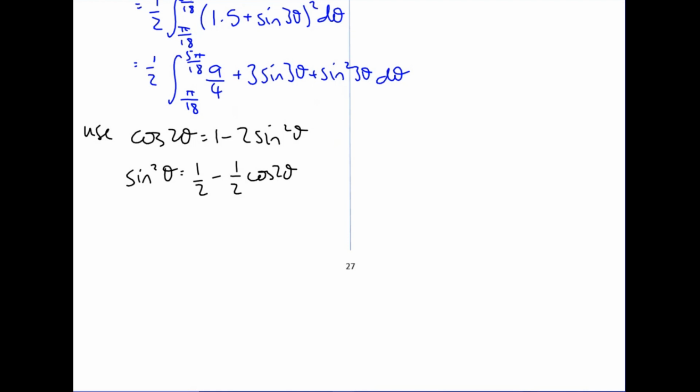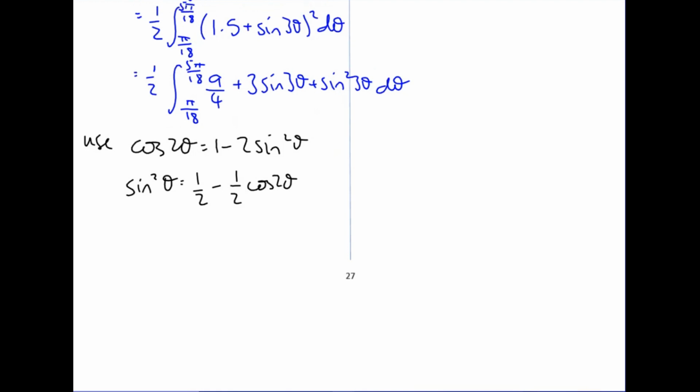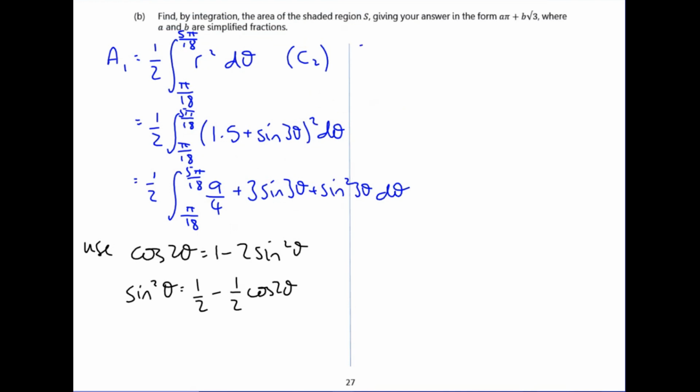So this is going to give me cos 6 theta. And it's a half times the integral between pi over 18 and 5 pi over 18 of 9 over 4 plus 3 sine 3 theta, and then I'm putting in a half minus a half cos 6 theta.